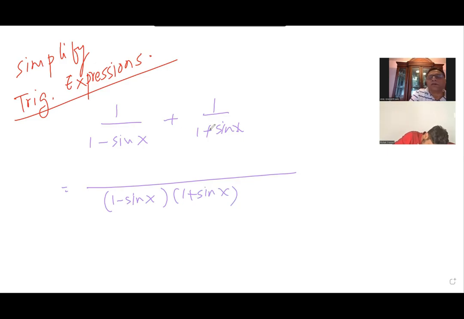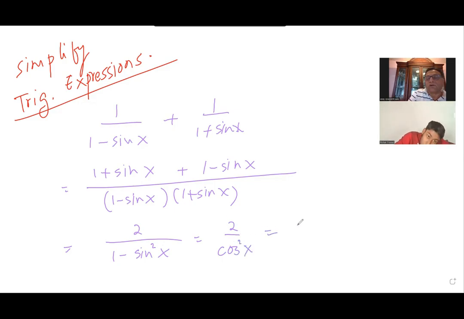The numerator will be cross multiplied. So we get 1 plus sine x plus 1 minus sine x. And what we get here is 1 plus 1 is 2. Sine x and sine x cancel. In the denominator, we get 1 minus sine square x, correct? And 1 minus sine square x is cos square x. So we get 2 over cos square x.